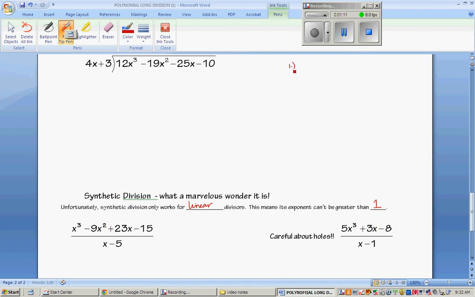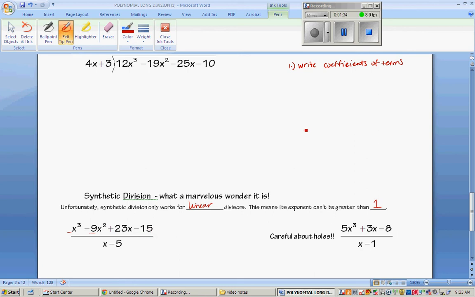Step 1 would be to write down the coefficients of the terms. So in this case, we've got a 1, a -9, a 23, a -15. That's what you would be writing down.